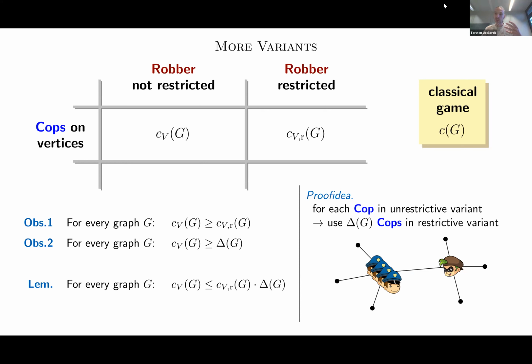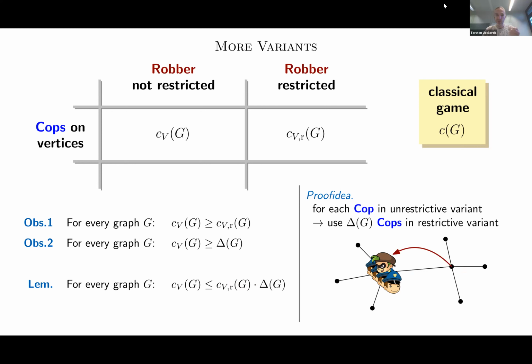Now if the game goes on, you always look up in the strategy what you do. If you surround the robber, you're fine. If the robber, however, can now do a move that would be illegal in the restricted version, because we are now in the unrestricted version, he might move onto a vertex that is occupied by a cop, or he might end his turn on a vertex that is occupied by a cop.